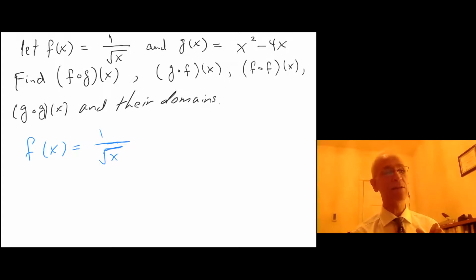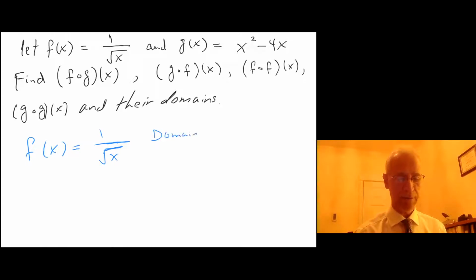But since it is in the denominator, I cannot have that. So the domain of f of x is simply from 0 not included. So I have a parenthesis here, not a bracket, all the way to positive infinity.